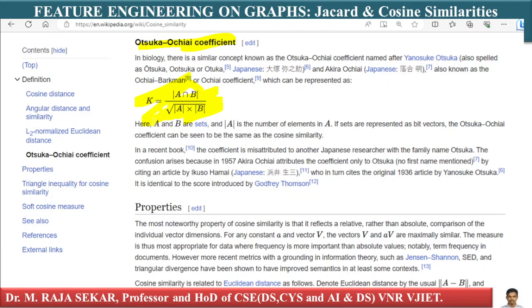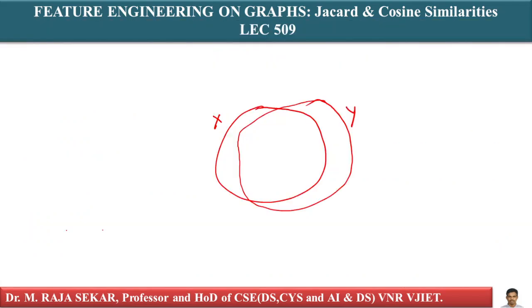Obviously, the cosine measure will be high if there is a larger overlap between set x and set y. Imagine x and y are overlapping a lot, this is my x, this is my y, then you will notice that the numerator is large, the denominator is fixed.